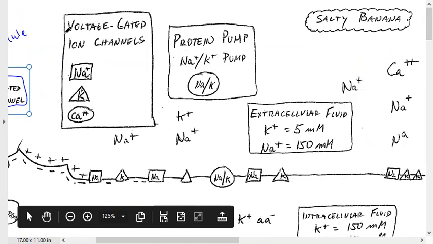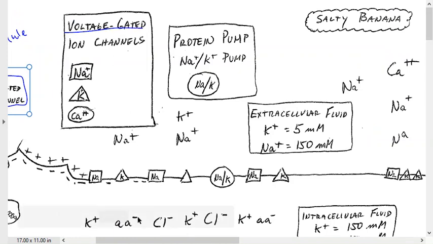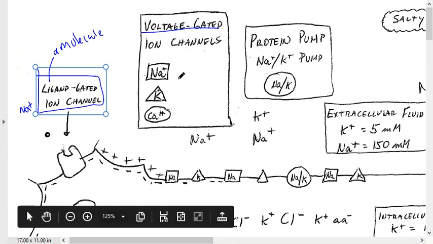You have voltage-gated ion channels in the axon. Notice that it's different than the ligand-gated channel in the body where the dendrites are, where the soma, the body of the cell is. These are voltage-gated, not ligand-gated. So these boxes that you see here, here's one, right? These are sodium ion channels.